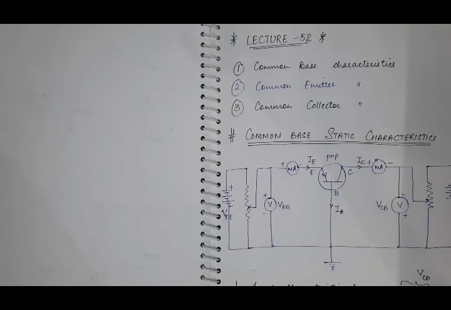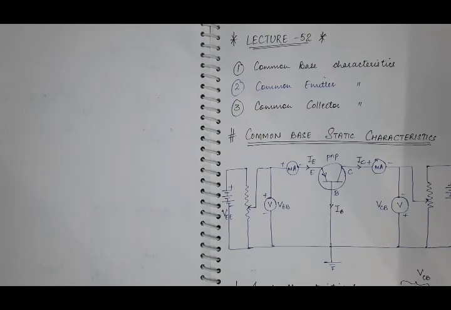So that is why it has two types of characteristics, input characteristics and output characteristics. So there can be three types of characteristics in case of transistor because it is a three-terminal device.